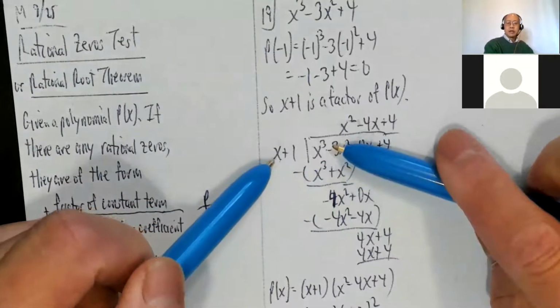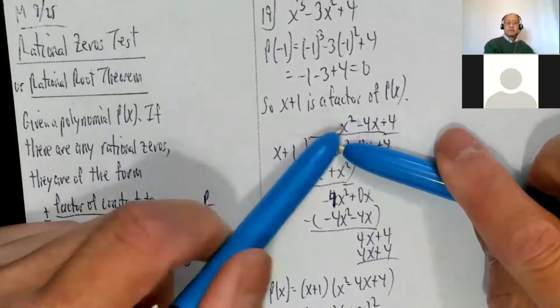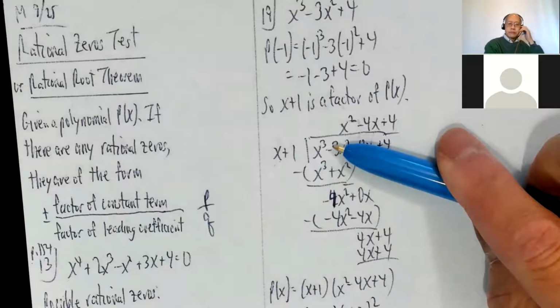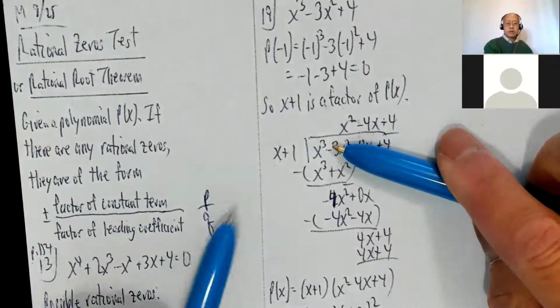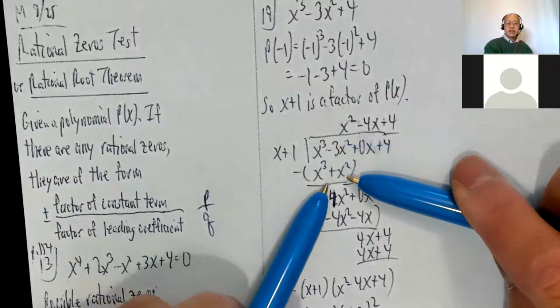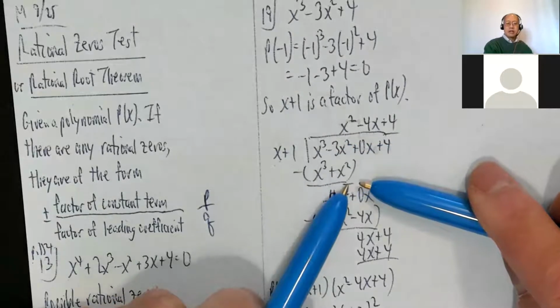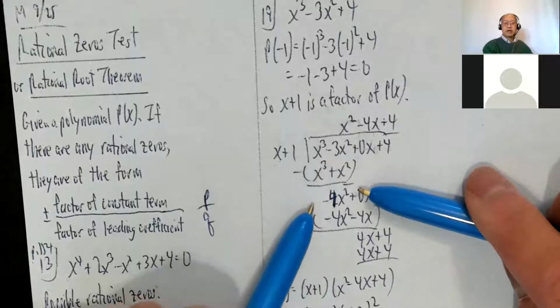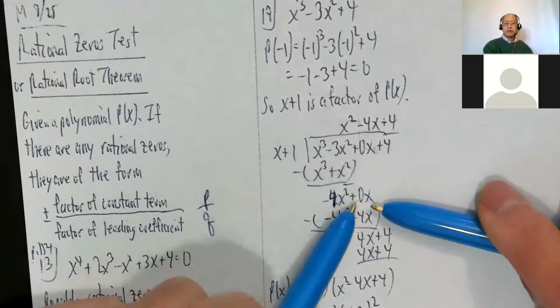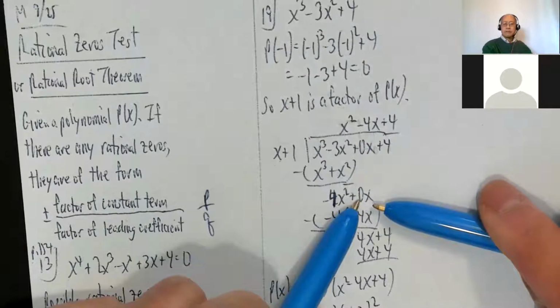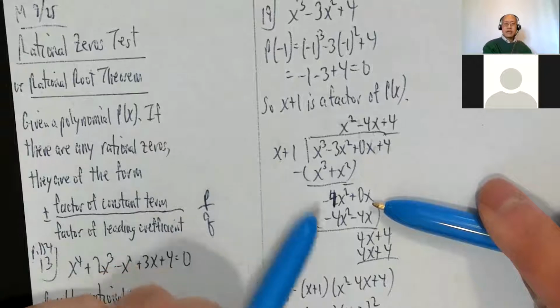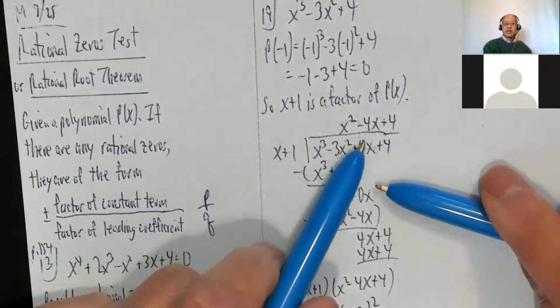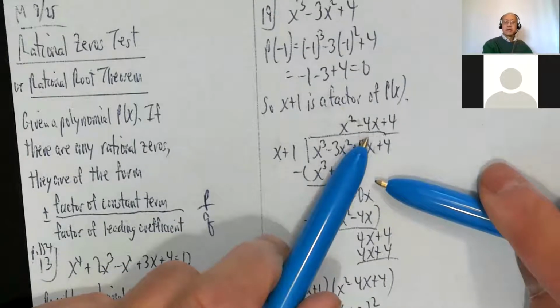Let's double check. x into x cubed, x squared. Now take x squared times this whole thing, x cubed plus x squared. Subtract in parentheses. That minus that is nothing. -3x squared minus x squared is -4x squared. Bring down the 0x. x into -4x squared, -4x.